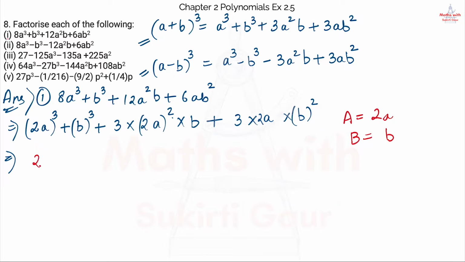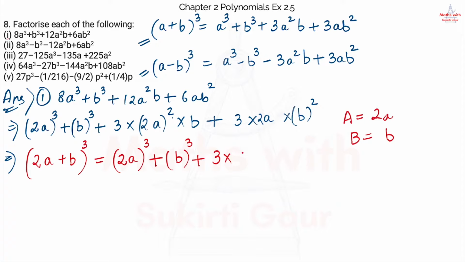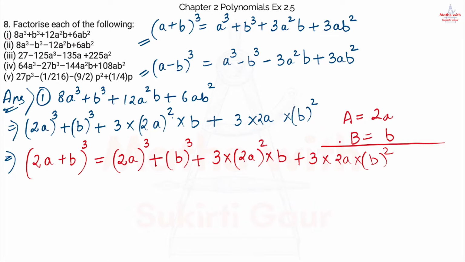Now if I make an identity with (2a plus b) whole cube, how will I expand it? I will expand it as a cube, meaning (2a) cube, b cube, 3a square b, plus 3ab square. I will be expanding (2a plus b) whole cube like this.